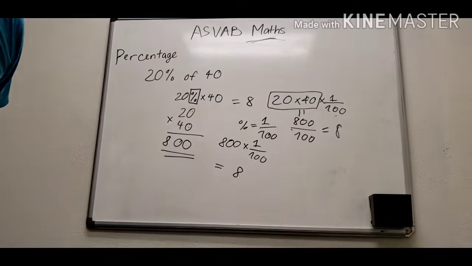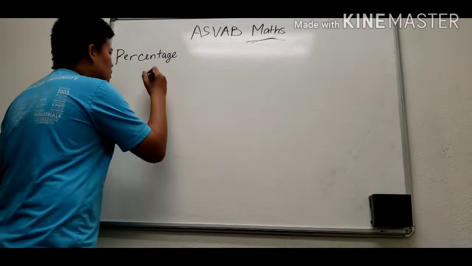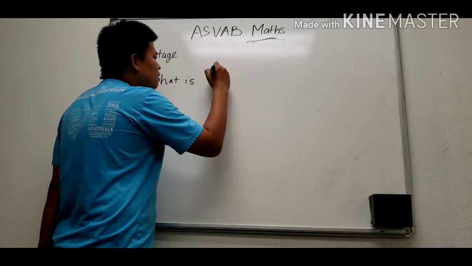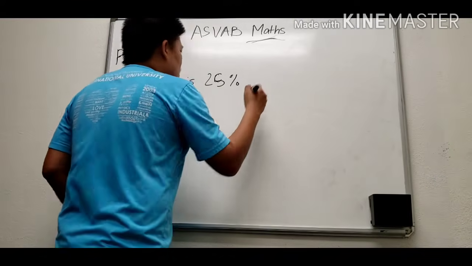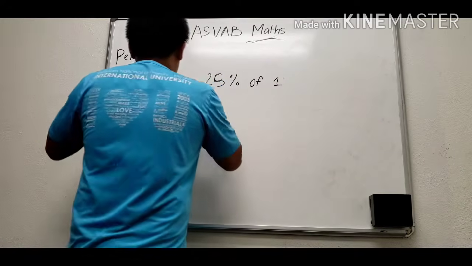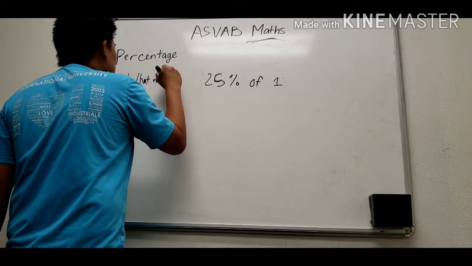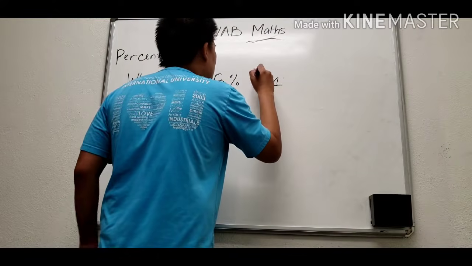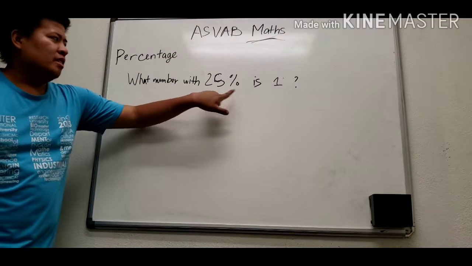So the next one. What number with 25% is 1?